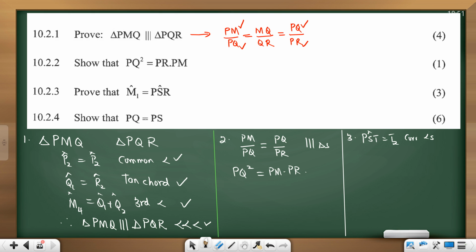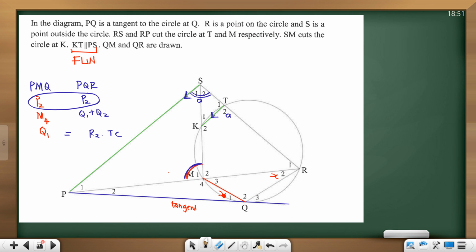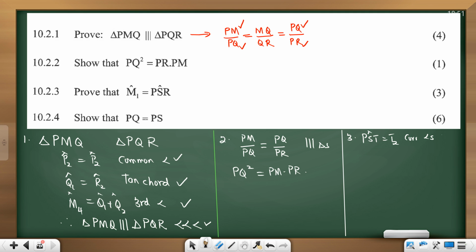I don't remember the lines that are parallel: KT and PS. And that T2 is actually equal to M1. Exterior angle of the cyclic quadrilateral. Therefore, since they use PSR, let's also use it. Therefore, PSR is equal to M1.